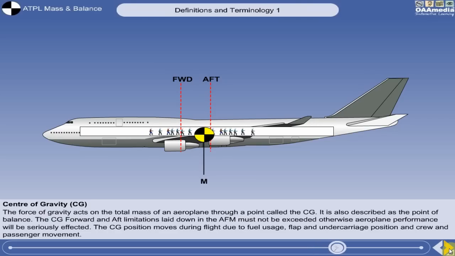The centre of gravity will move in flight due to fuel usage, flap and undercarriage position, and movement of crew and passengers. The movement about the initial centre of gravity is calculated and must be contained within the fore and aft limits at all times.